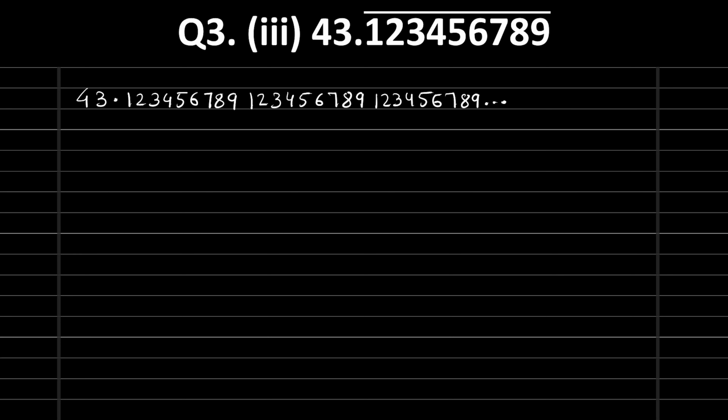So clearly what can we see in this decimal expansion? It is non-terminating, because it is not ending at a certain point of time. It is a non-terminating and repeating decimal expansion, because 1, 2, 3, 4, 5, 6, 7, 8, 9, this pattern keeps on repeating again and again. That's why we have a bar over here, right?